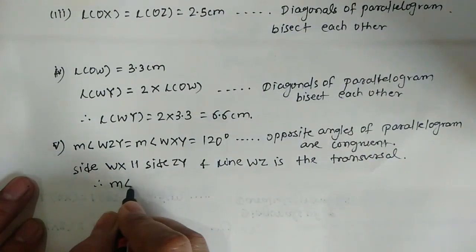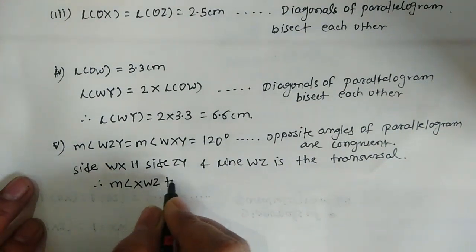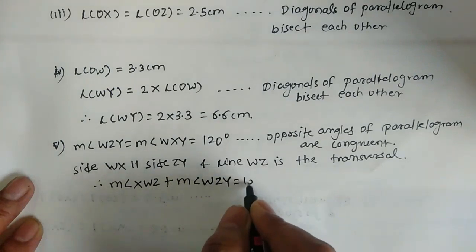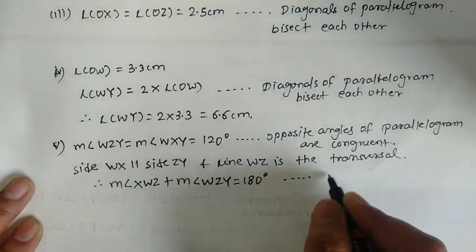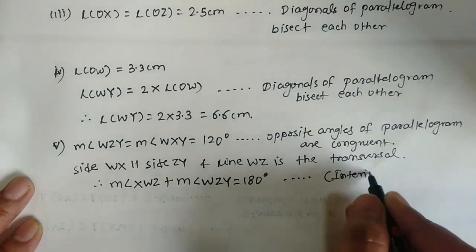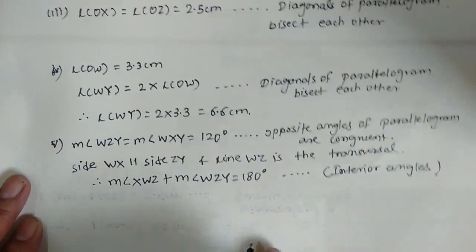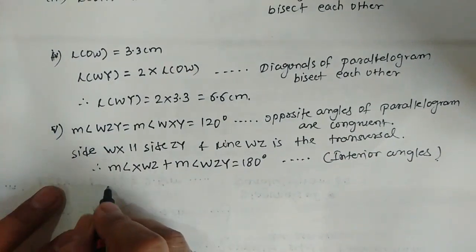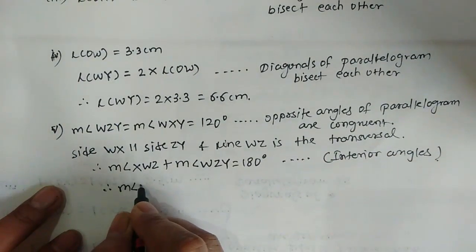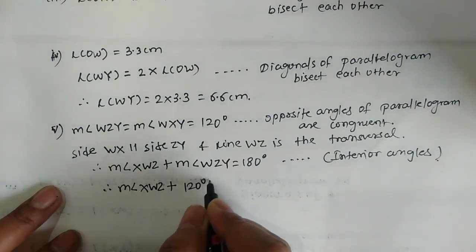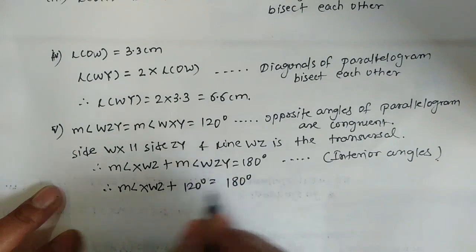Therefore, measurement of angle XWZ plus measurement of angle WZY is equal to 180 degrees, because of interior angles. Therefore, measurement of angle XWZ plus 120 degrees is equal to 180 degrees.